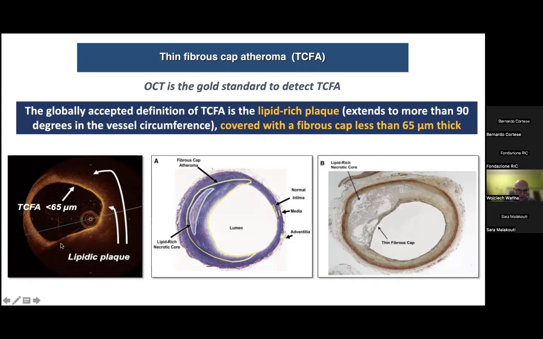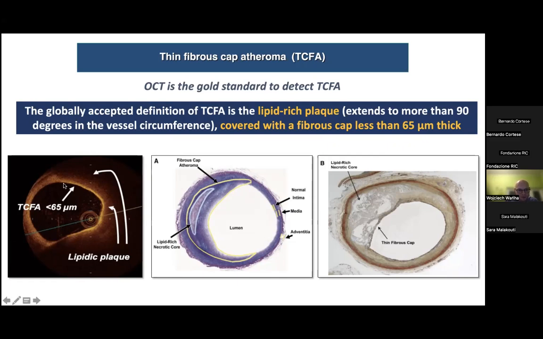Yeah, it's more than 90 degrees. But I would say that it is thinner below, between 5 and 6, just at 6. The thinner it is, the more prone to rupture.